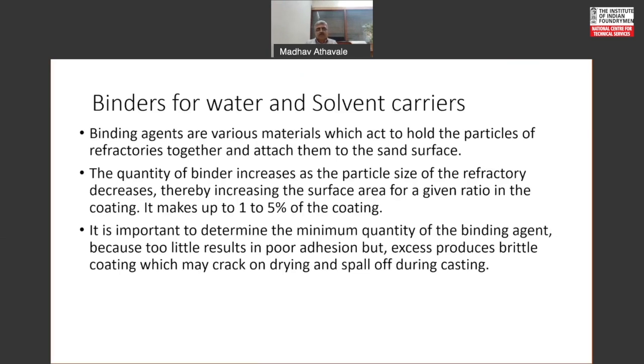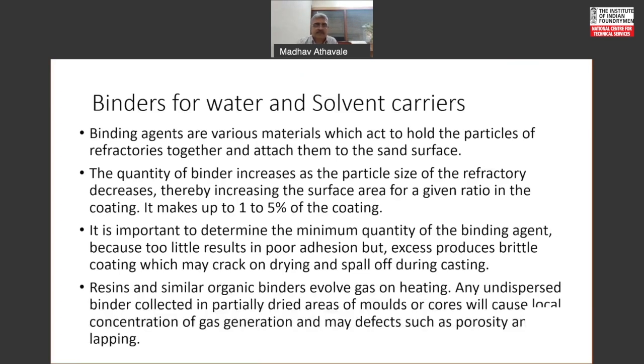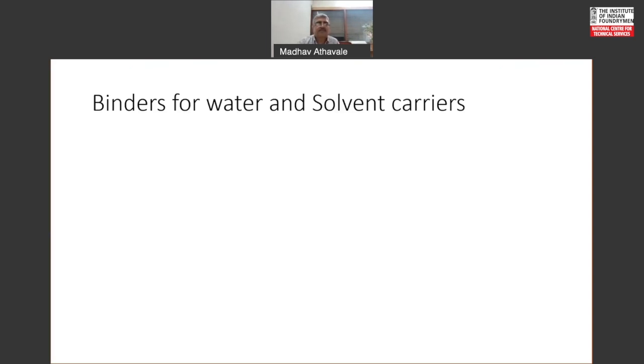If there is too much of binder, then the coating surface may be brittle and may crack. It may also lead to higher gas levels because resins and organic binders evolve gas. So any undispersed binders in partially dried areas, molds and cores will cause gas defects.